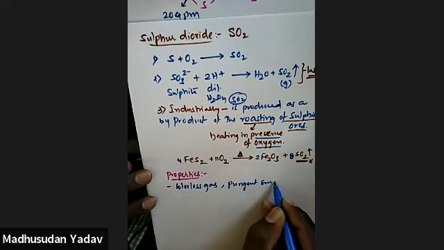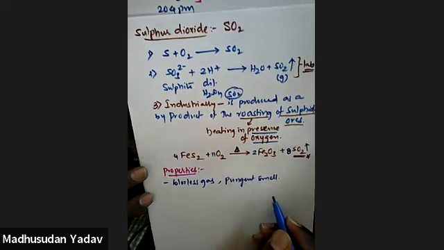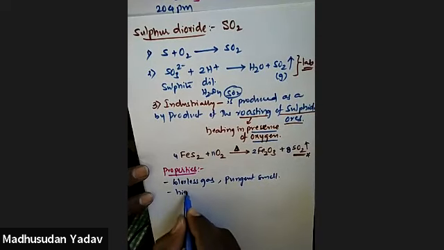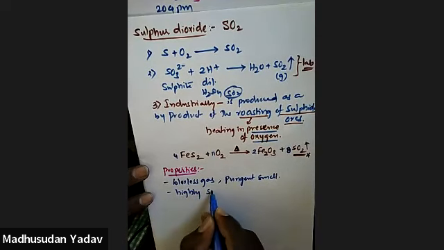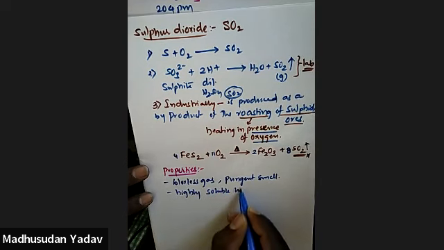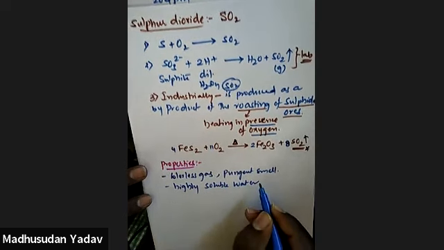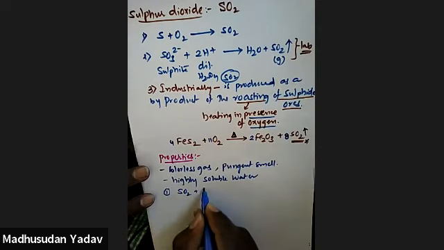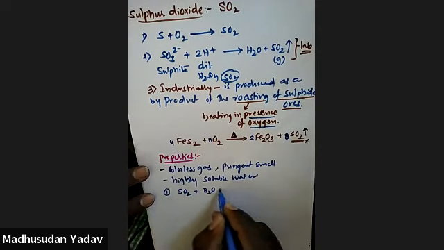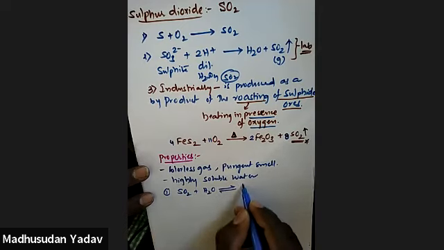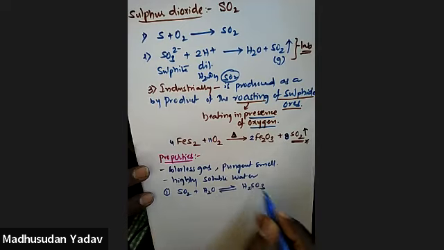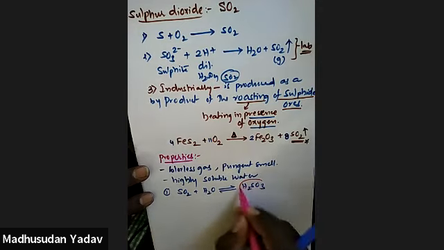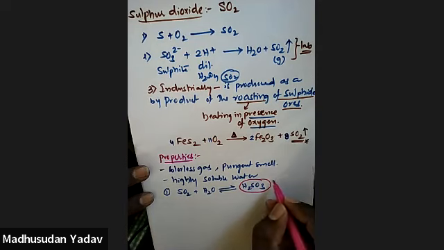It is having a very tough smell, and it is highly soluble in water. So first chemical property, on reaction with water, because it is soluble in water, what you are going to get? H2SO3. What is the name of this compound? Sulfurous acid.